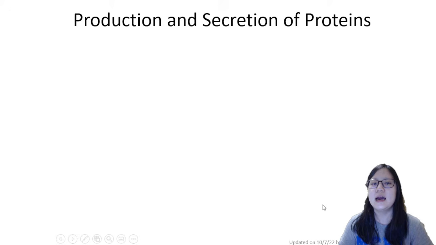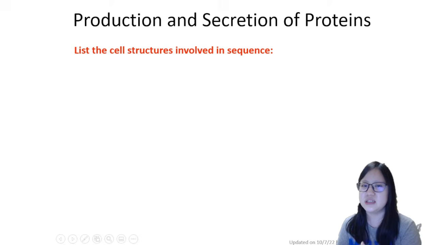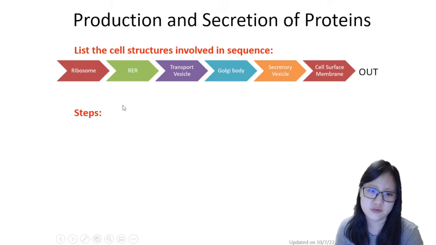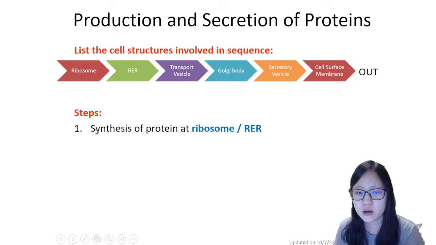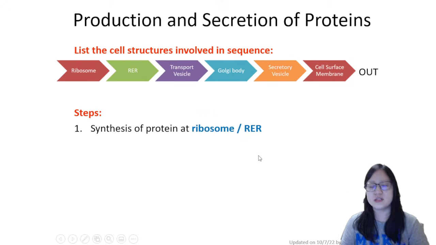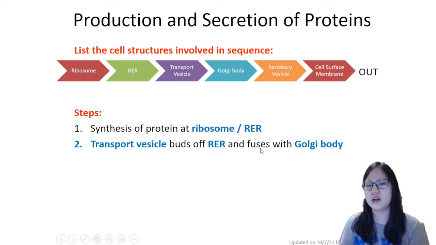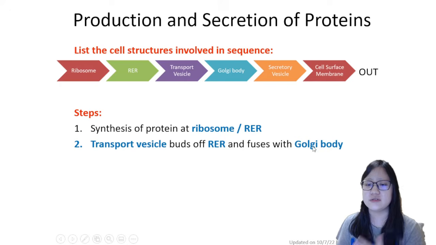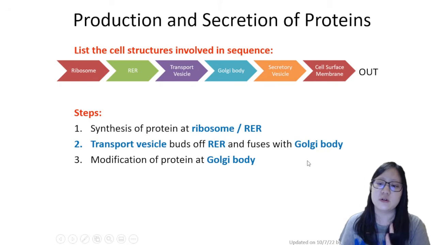Moving on, how do we actually put this in words, right? So this is the list of the cell structures involved. How do we talk about it? Number one, there's synthesis of protein in the ribosome or the RER. The transport vesicle buds off the endoplasmic reticulum and fuses with the Golgi body.